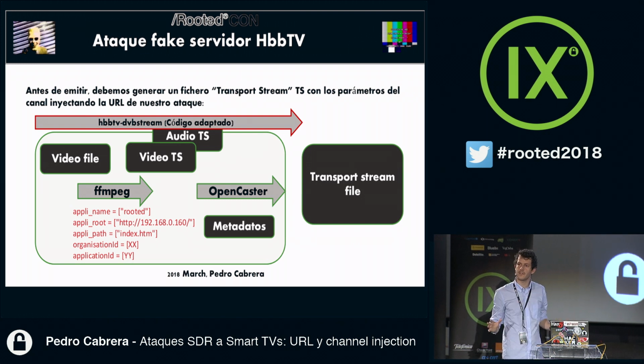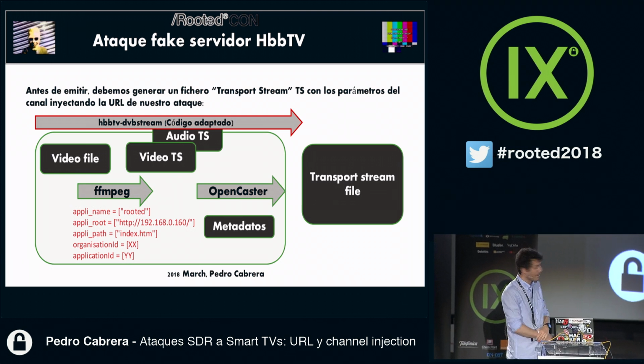API name, rooted. This is our application that doesn't have too much of any ID. So root, the IP of our server, and path, the file, index.html, or whatever we want. So when we broadcast this video, we make the TV, if it's connected, access that URL.